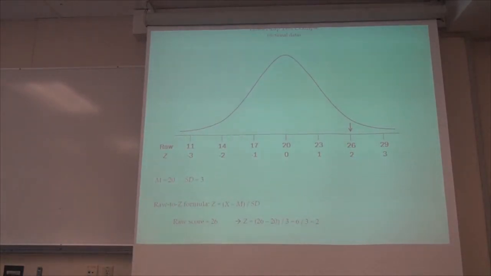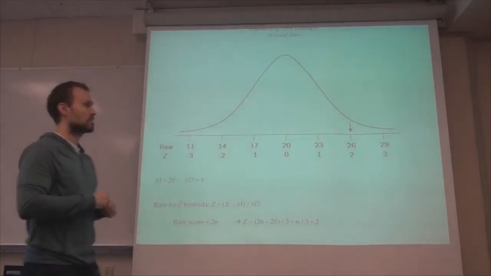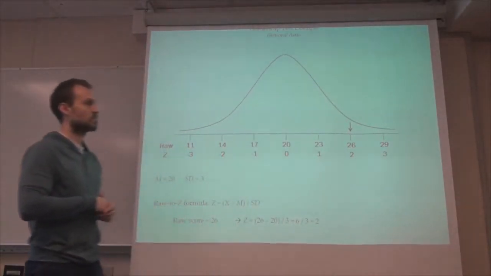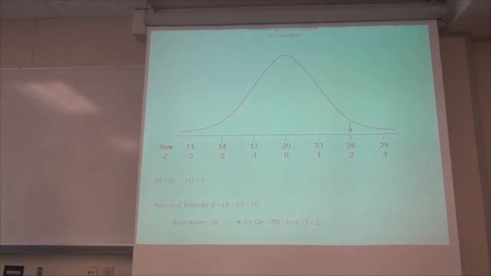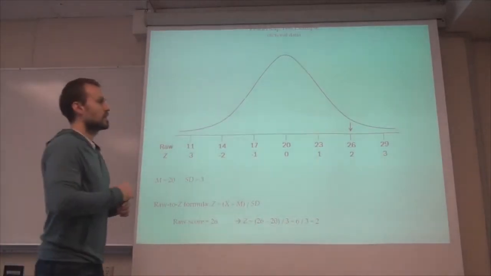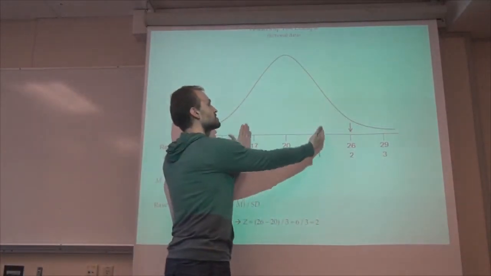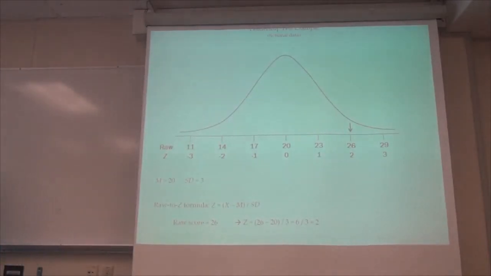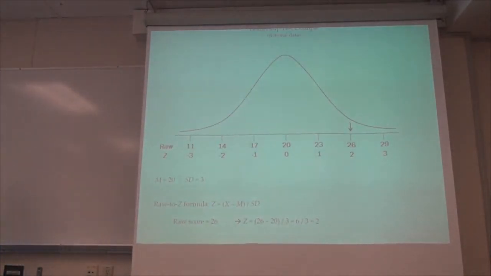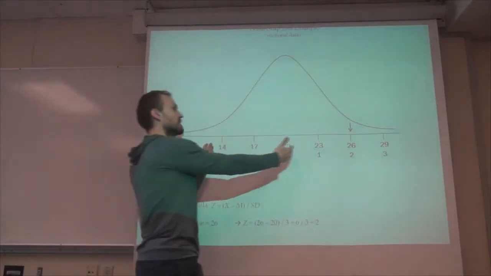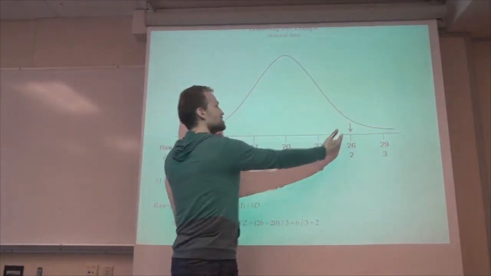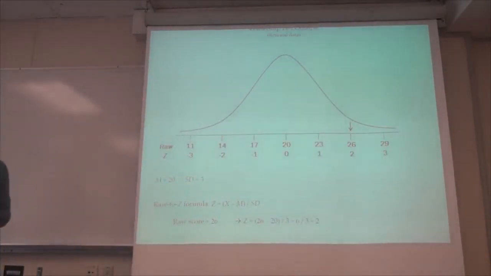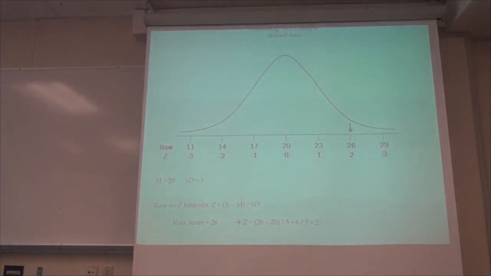A score of 26 here is a very good score. It's 2 standard deviation steps away. In general, with this normal curve, 1 standard deviation step on either side covers around 65% of everything I'll see. If I go another standard deviation step in either direction, around 95% of all my observations will be covered by that.